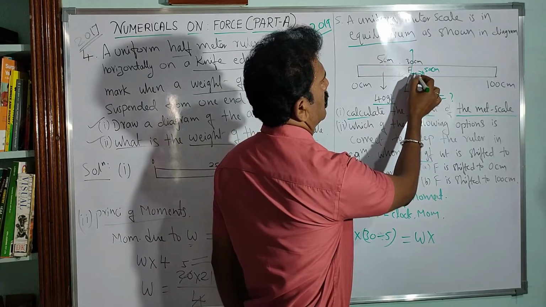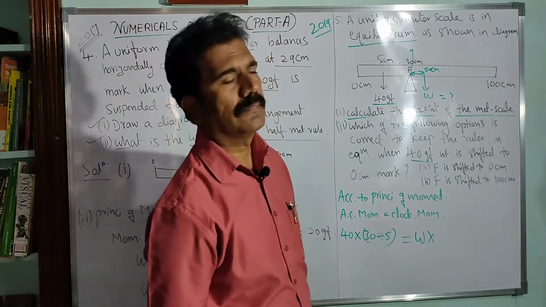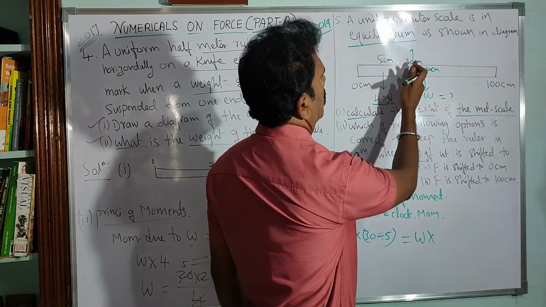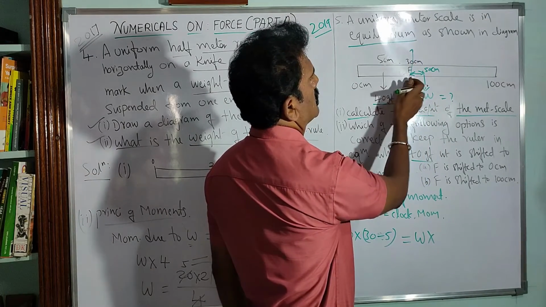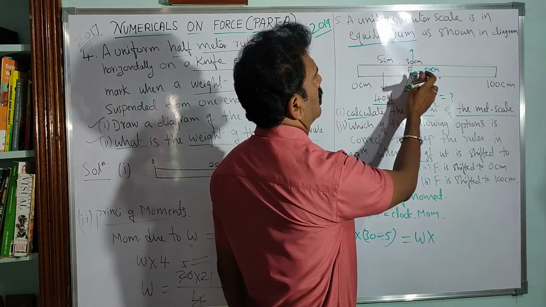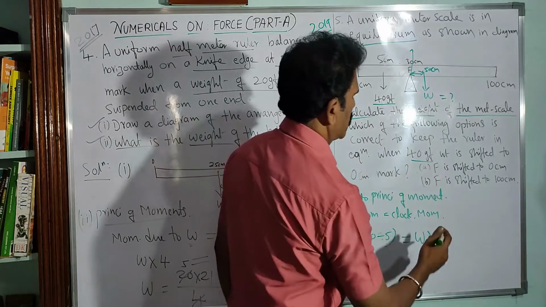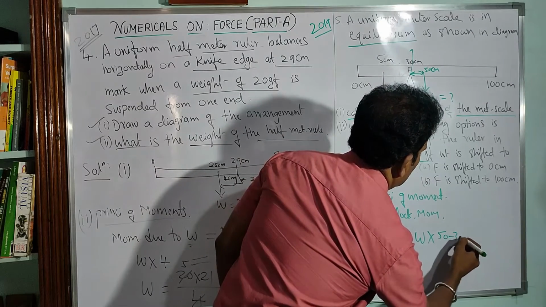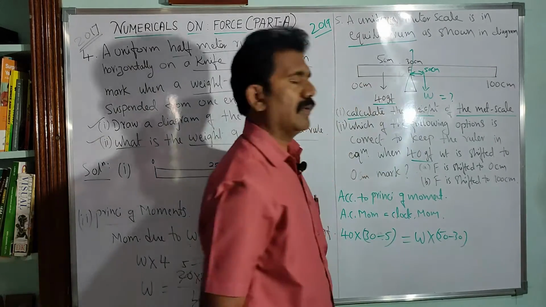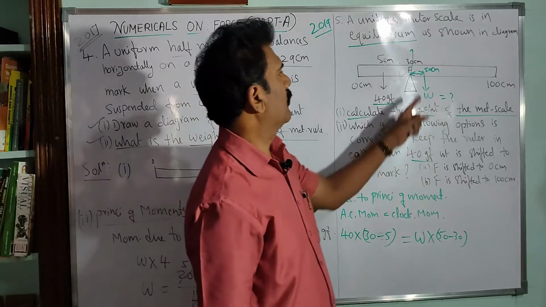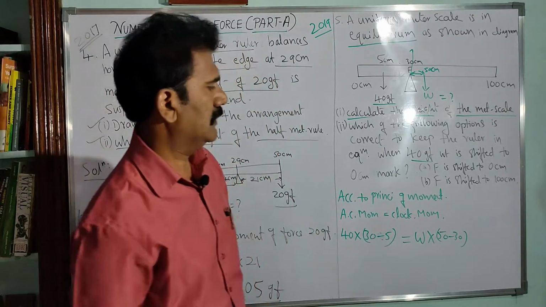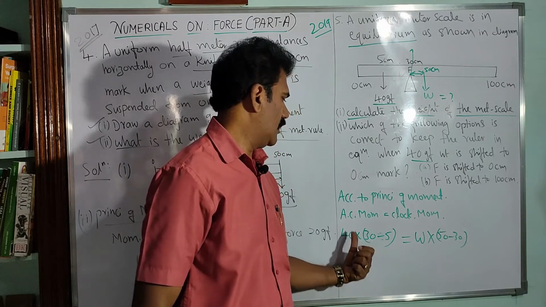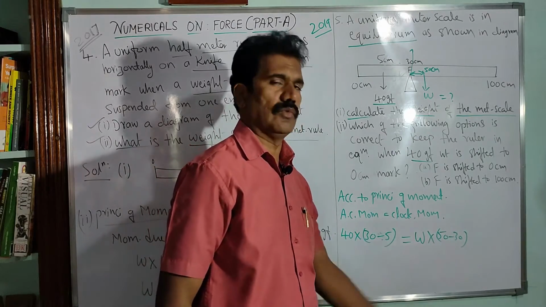So what is the distance now? 50 minus 30, because F is at the 30 centimeter marking. So 50 minus 30 is the perpendicular distance between the pivot and the force. Clear? In this way the beam is balanced when the anti-clockwise moment is equal to the clockwise moment.